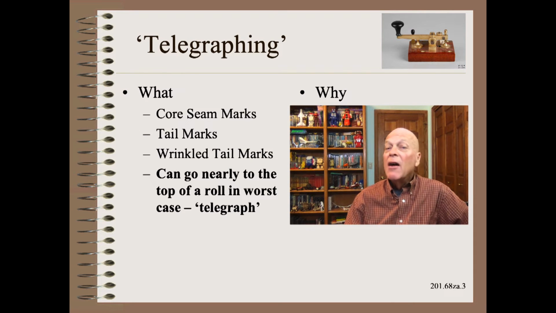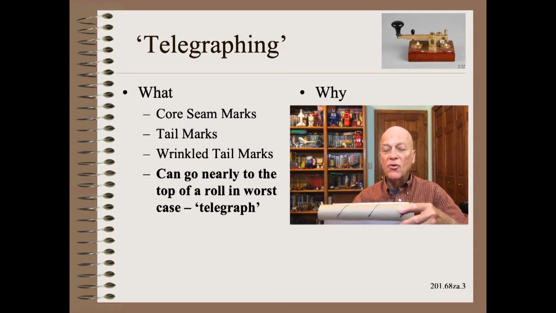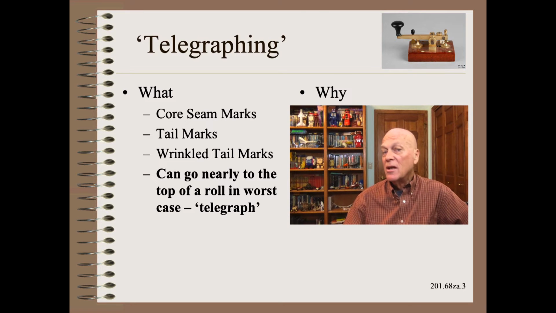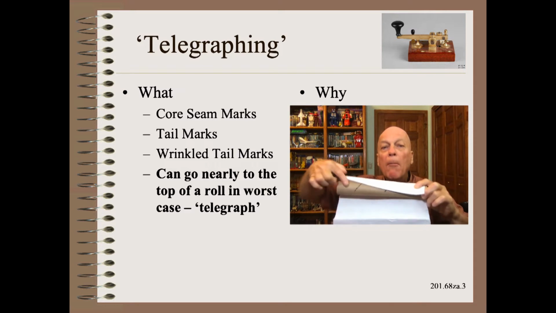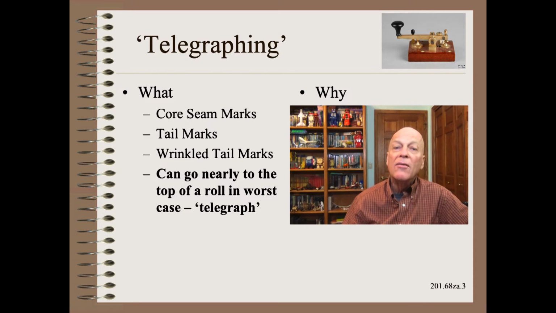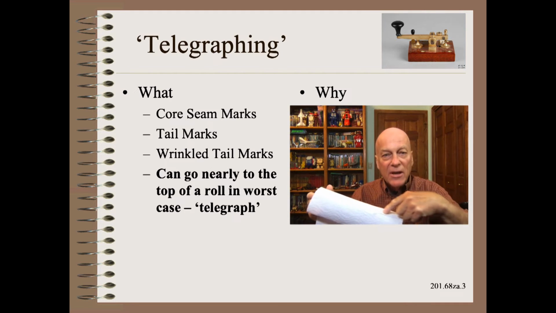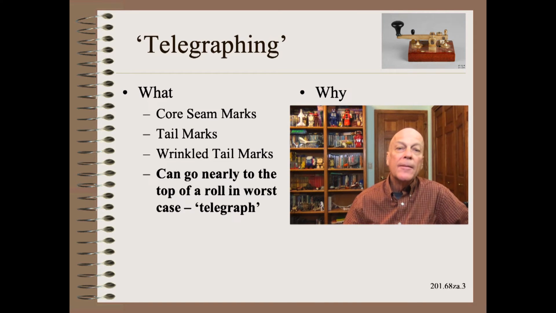There are several wound roll defects that are related that occur near the core. One is where the seams in the core mark the layers above. Another is where the cut edge of the tail marks the layers above. Another still is where the attachment of the tail is made to the core, perhaps using tape.